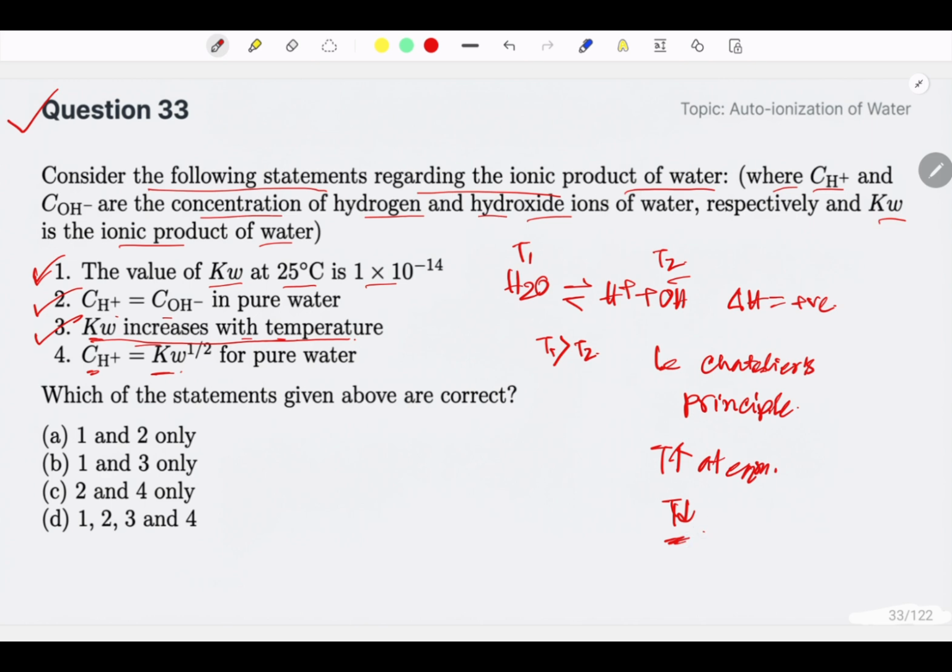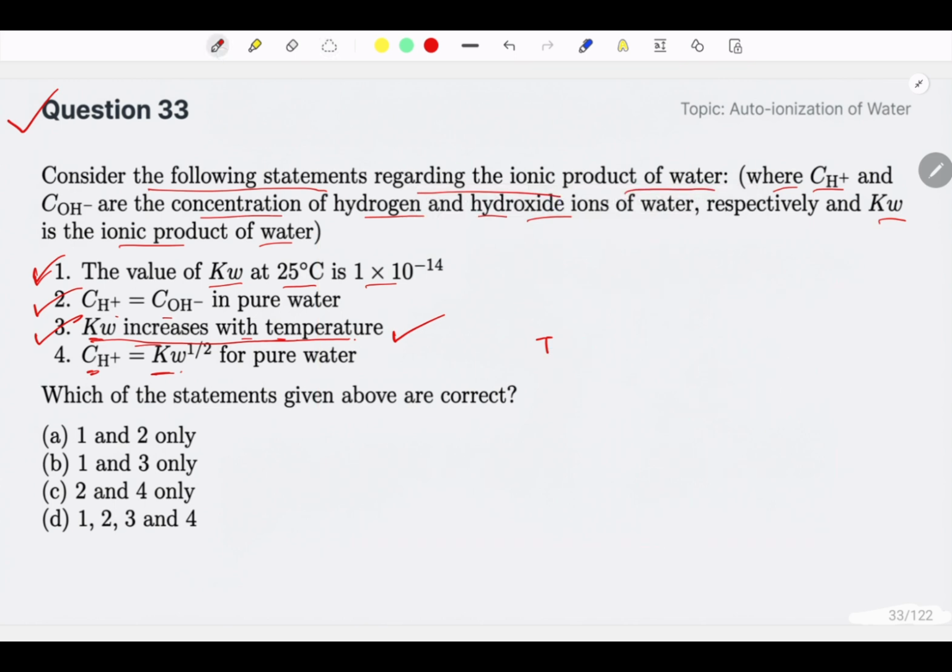So if we increase the temperature, the reaction will shift to the product side. We know that Kw is the concentration of H plus into the concentration of OH minus. If that increases, Kw also increases. So this is a correct statement.